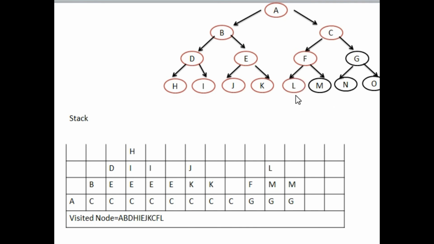Then I will pop the node L, and then I will pop the node M, and then mark them red over here. There is no child for M and L. Then I will pop the node G. G has 2 children, so I will push these 2 nodes, and look at the arrangement.